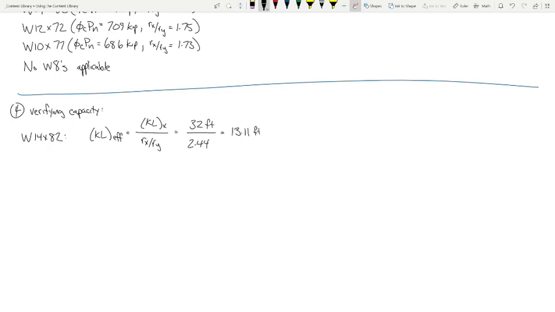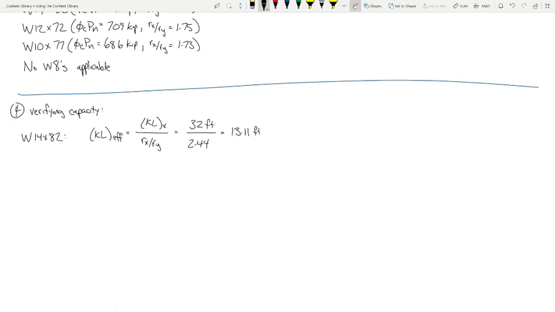Okay, so what do I do with that 13.11? Well, no, not yet. That's if we were using method 1. Now that I have, well, let me ask you this. Can I look up a capacity for 13.11 feet? No. I can look up a capacity for 13 feet and 14 feet, can I?